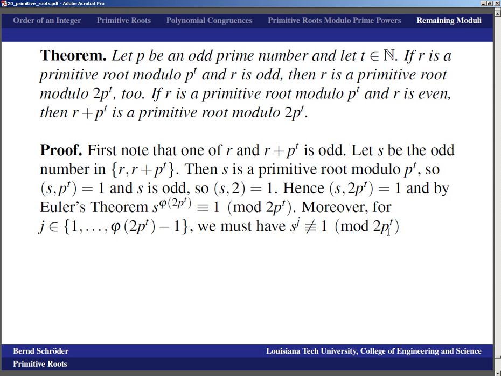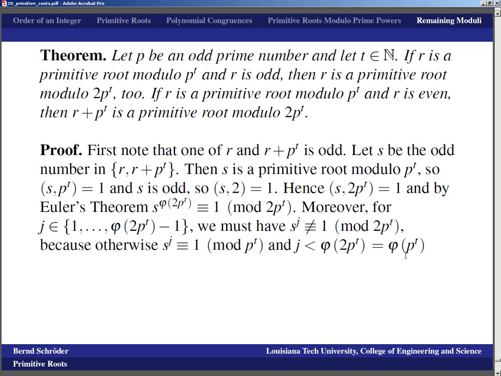Well, why is that? That's because otherwise s to the j is equivalent to 1 modulo p to the t, and j is smaller than phi of 2p to the t, which is phi of p to the t because the 2 doesn't contribute anything here.